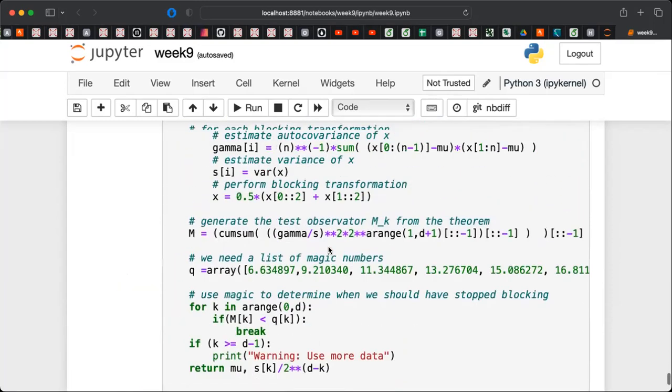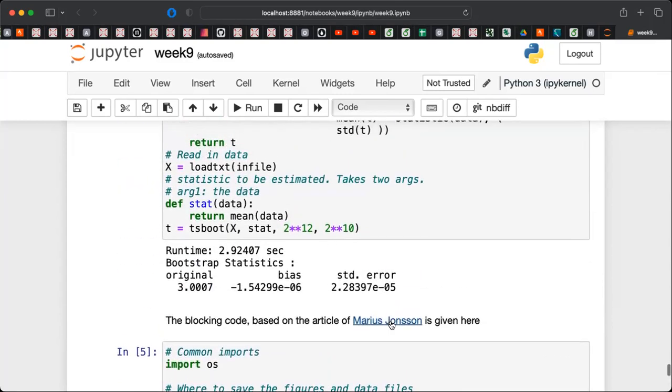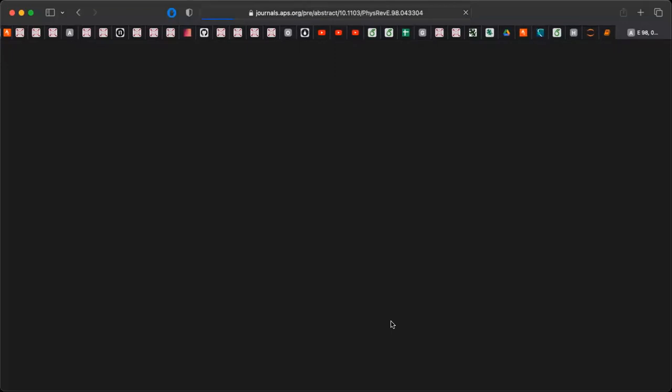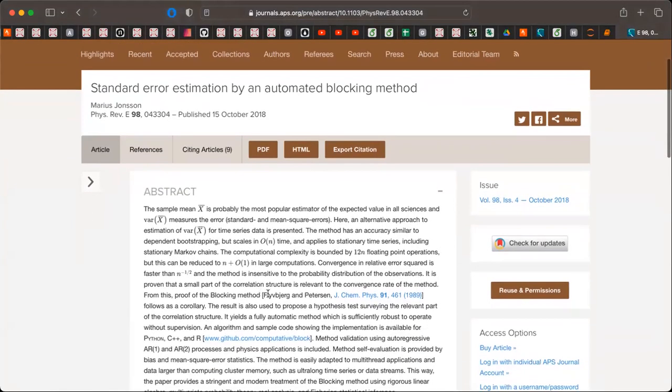In Marius' case, this was actually an article in Physical Review E. And if you click on this link here, you will actually get to the scientific article. And this is actually based on an idea which he got while he was following these lectures. And I was presenting Flyvbjerg and Petersen's method. And he was not very satisfied with the proof. And he actually improved the proof here.